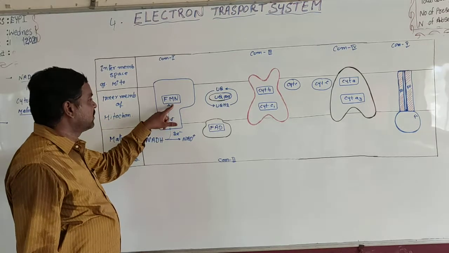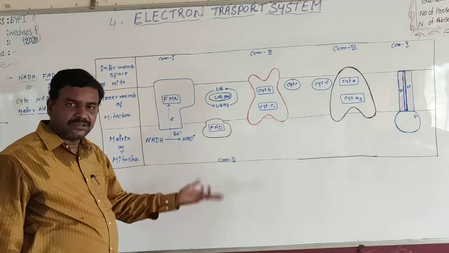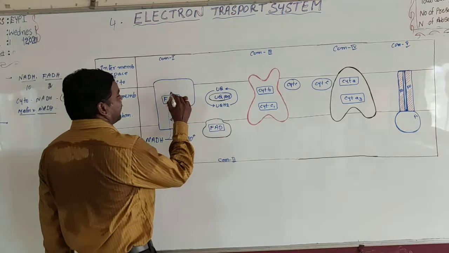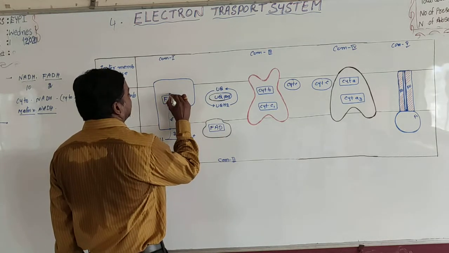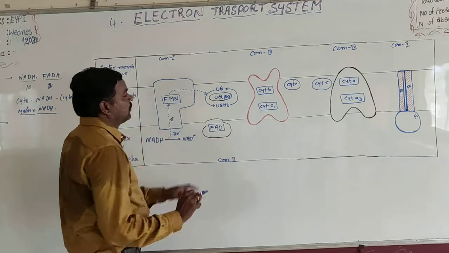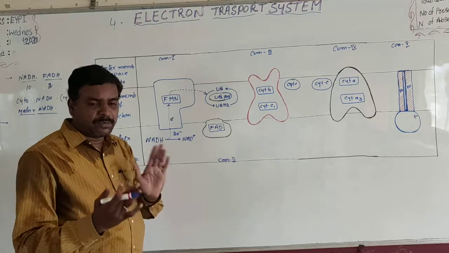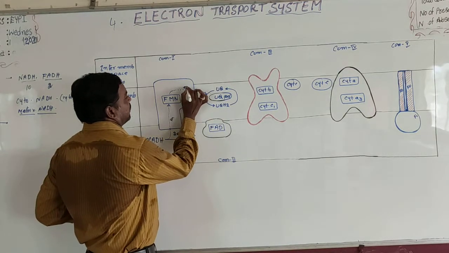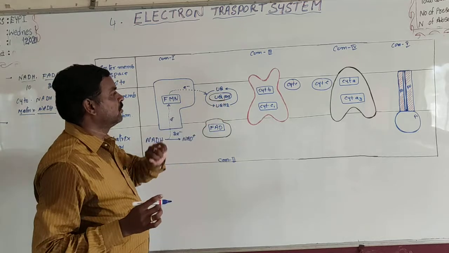Now these 2 electrons are conveyed to FMN, and immediately they are also conveyed to ubiquinone, a mobile carrier.